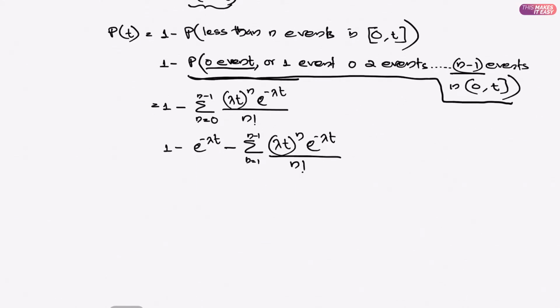This is basically the CDF. If I differentiate this function, I will get the PDF. So the PDF is basically equal to the differentiation of this with respect to t. The first term will be 0. This will be equal to lambda e power minus lambda t, then minus 1 by n factorial.